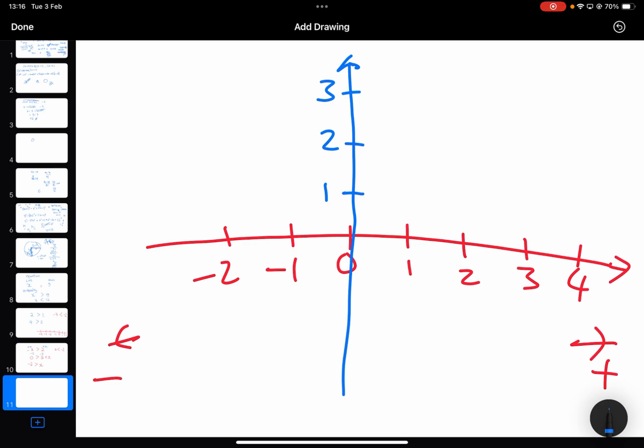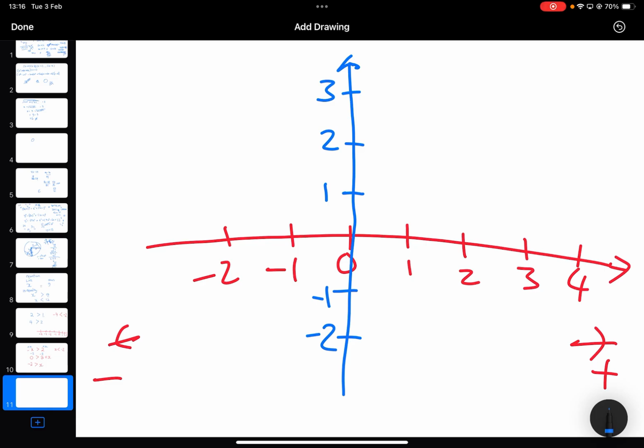When I go lower, the number is negative. So this second number line, I don't care about left and right at all. The only concern about this vertical line is how high or how low a point is.